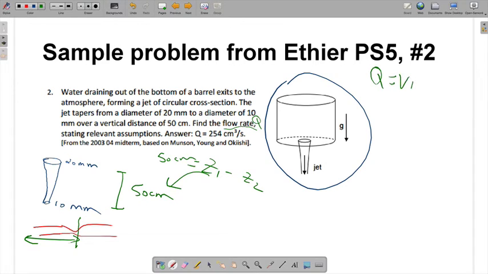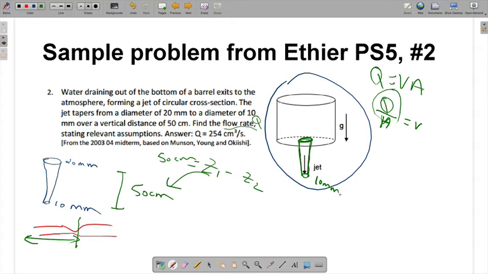Interestingly, we know that Q equals VA, and in Bernoulli's there's a term for velocity. So we're going to plug in Q over A wherever we see a V, and go from there. We're not told anything about the velocity. So this is where we start, and this jet is tapering down to 10 millimeters.